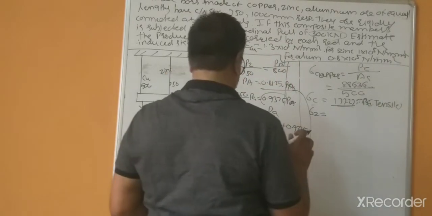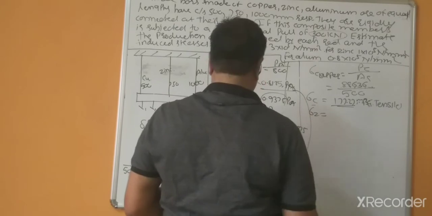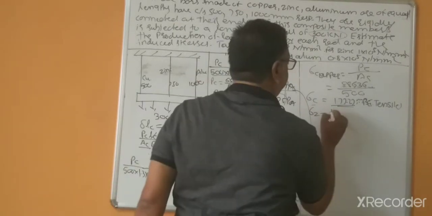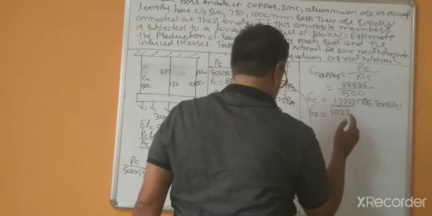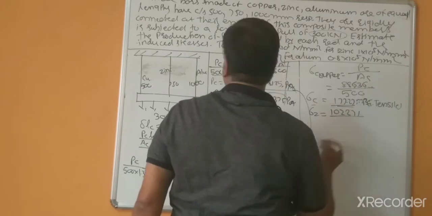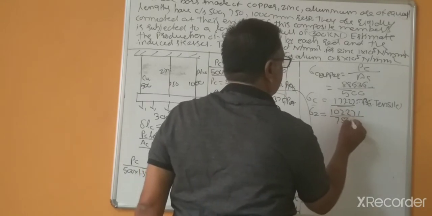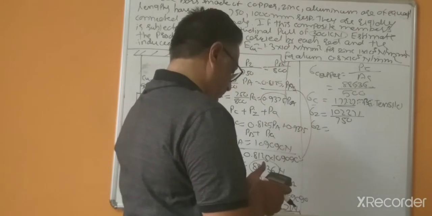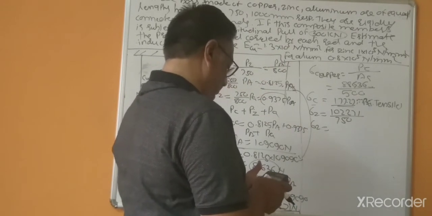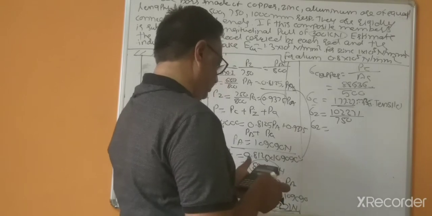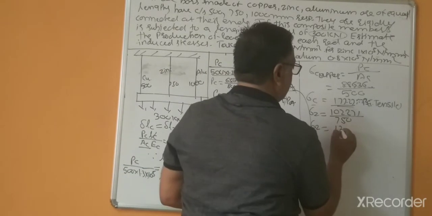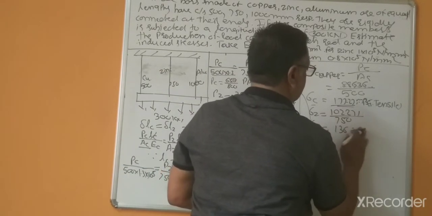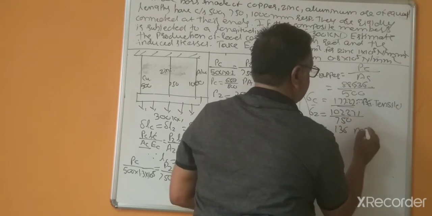For zinc material, load 102271 divided by area 750 is equal to 136 megapascals.